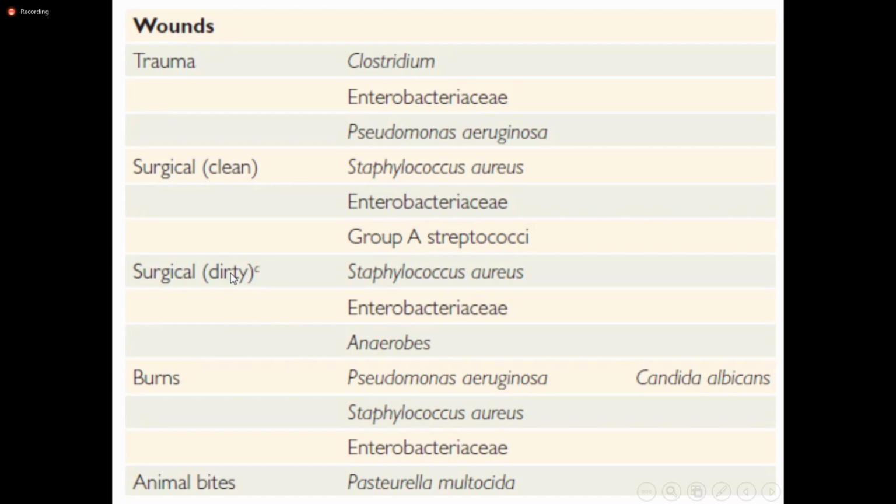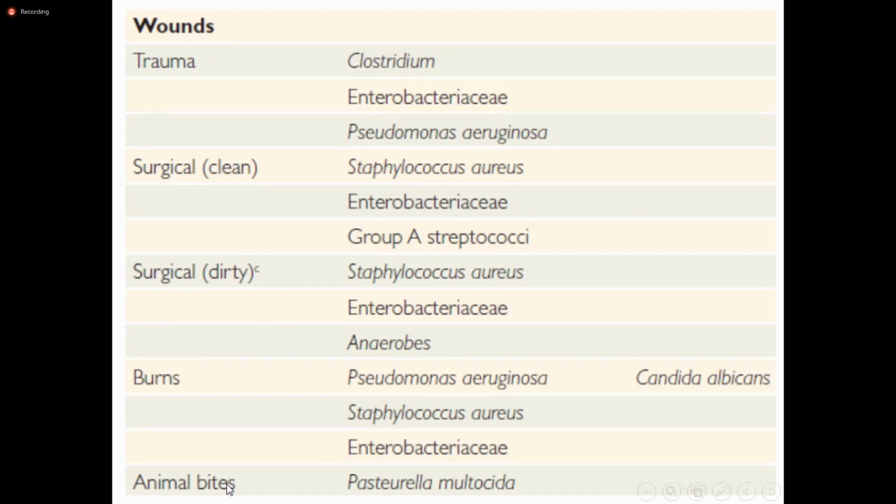Surgical dirty wounds, ملوثة, Staphylococcus aureus also. Burns, remember in burns, Pseudomonas aeruginosa, which is usually a multi-resistant microorganism to varieties of antimicrobial agents.